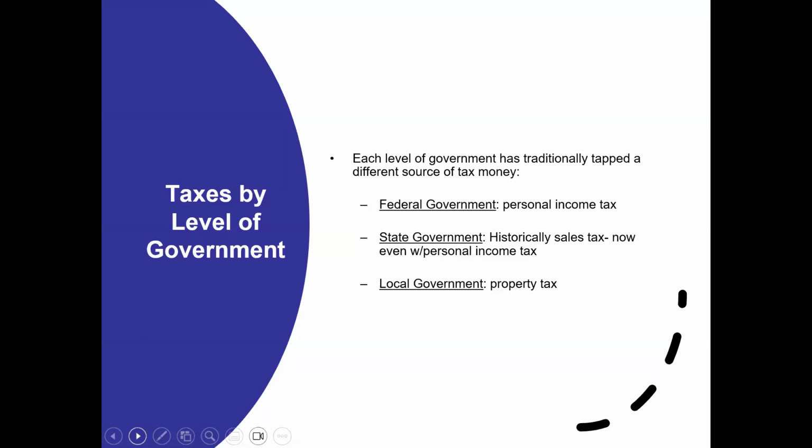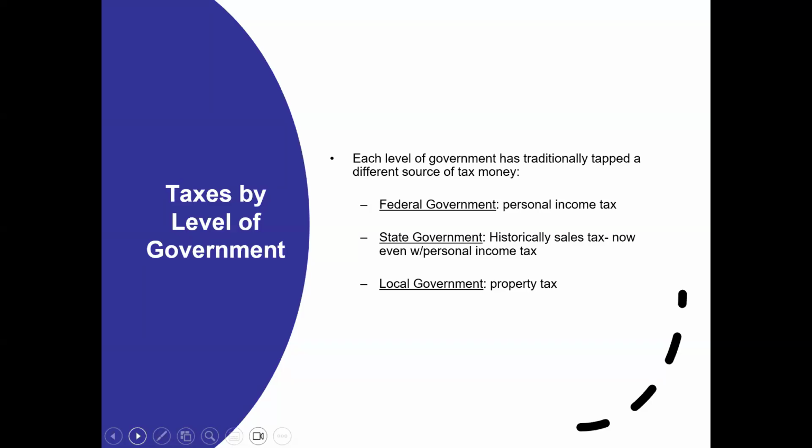At the state level, we generally see that state sales taxes were typically the largest source of revenue for most states. Now they are kind of balanced out between personal income taxes, which have become much more popular at the state level. Not all states have a sales tax. Not all states have personal income taxes, and the types of systems that they have, and graduated income and progressive versus regressive systems are all a bit different.